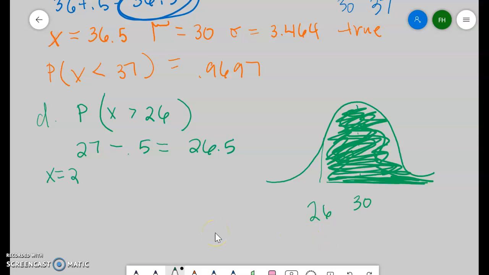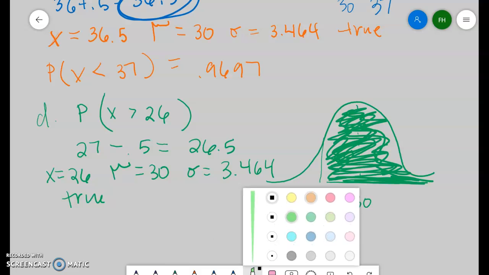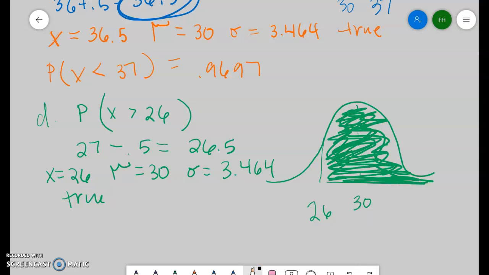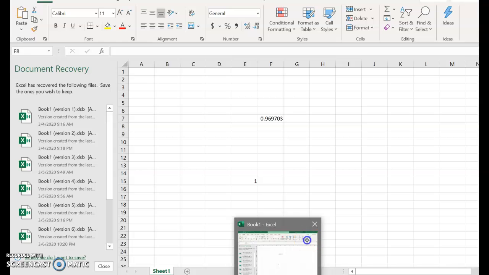When we put it in the table, the mean is still 30, the standard deviation is 3.464, and we're going to put true for cumulative. But remember, when you put the cumulative in, it's going to give you this side. So what are you going to have to do to find the greater than side? You have to do 1 minus what they give you in the table. So let's go ahead and do our table.